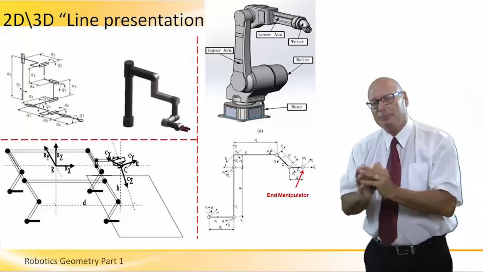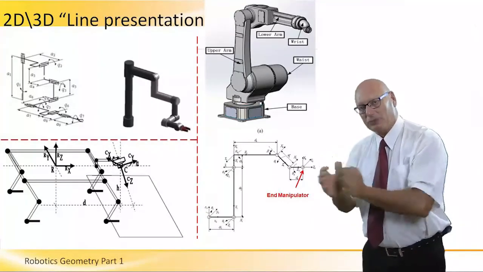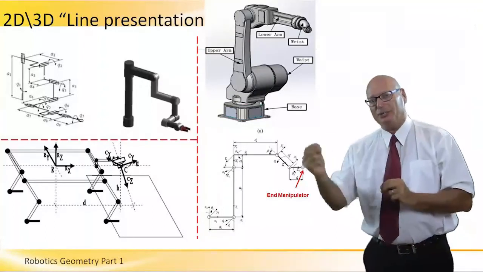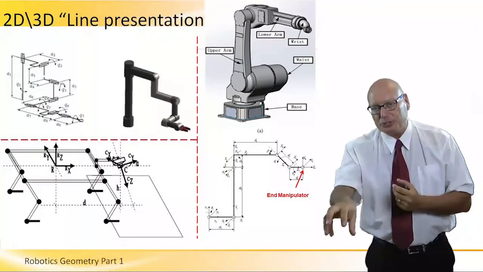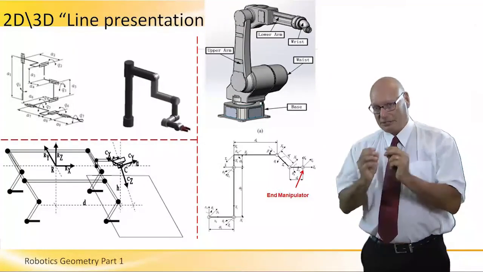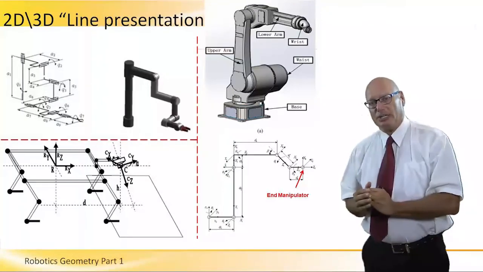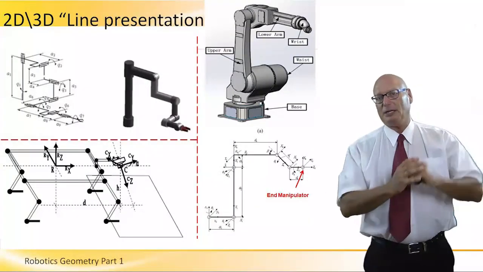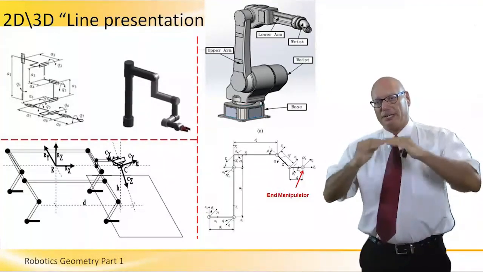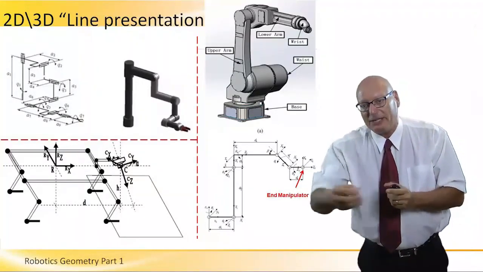The 3D line presentation gives us the picture where the 2D does not show us where we might have a collision. Collision with another robot, collision with the object that we want to work on, pick or place. That's very, very important. Converting the 2D line presentation to the 3D line presentation when we go from the first degree of planning to the second degree of planning, going to more in-depth planning of the path.